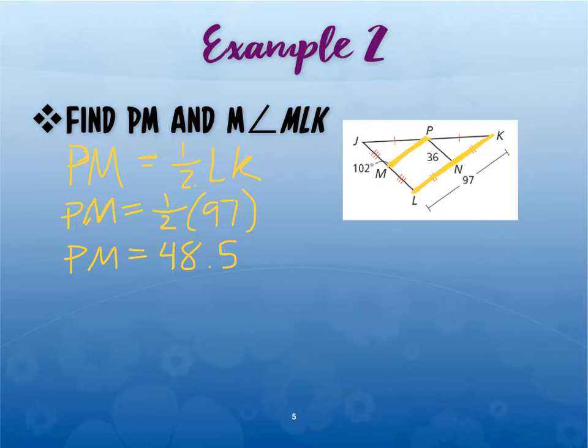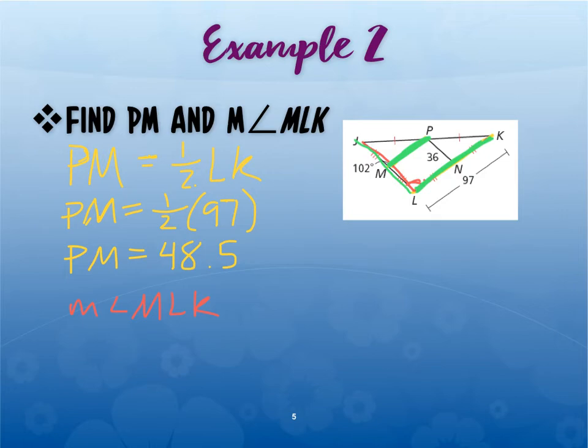Now it's asking us to find the measure of angle MLK. So we're looking for this angle here. So here we know that PM is parallel to LK, and we can say that JL is our transversal.